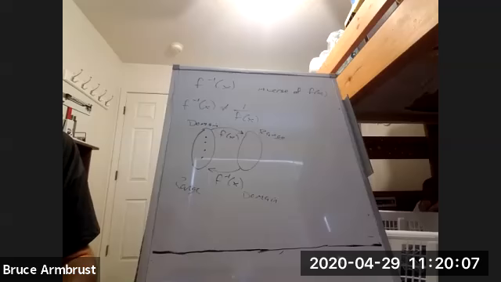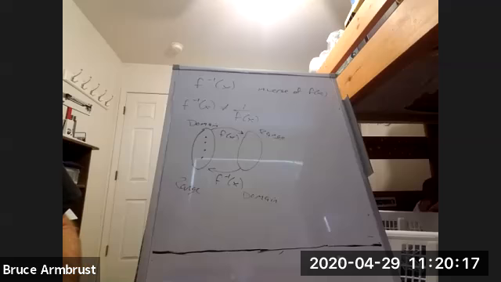It's the things that we're plugging in and the stuff that we're getting out. All right, so this might feel a little weird, but this is super important because the domain of one is the range of the other, and we're going to make use of that in a minute.